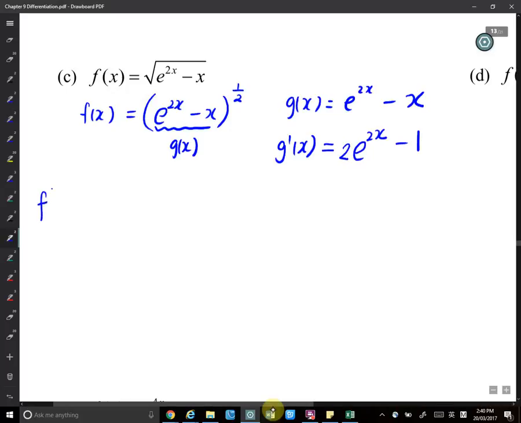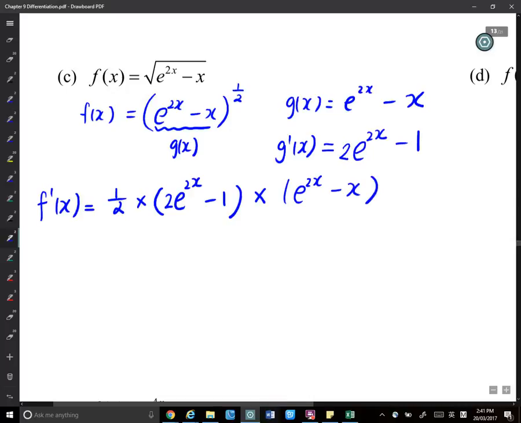So what is f dash x? For the chain rule, I need to put the power down. So the power is a half. I need to times g dash x. g dash x is a half of that minus that. And I will reduce the power by 1 but not change the base.